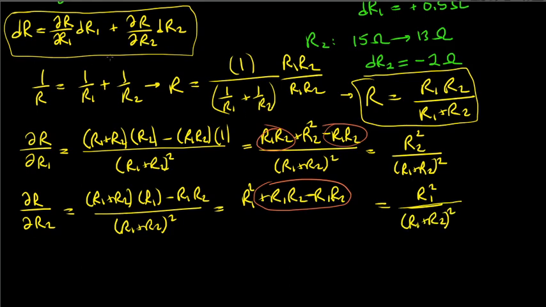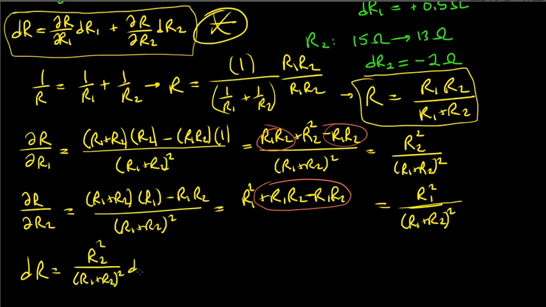All right, and now we can find dR itself. Up here, I'm just going to apply the first derivative with respect to R1. You get R2 squared over (R1 plus R2) squared times dR1, plus R1 squared divided by (R1 plus R2) squared times dR2.